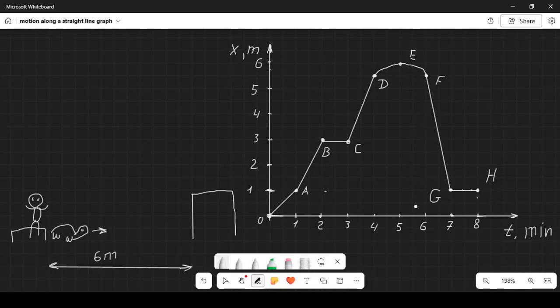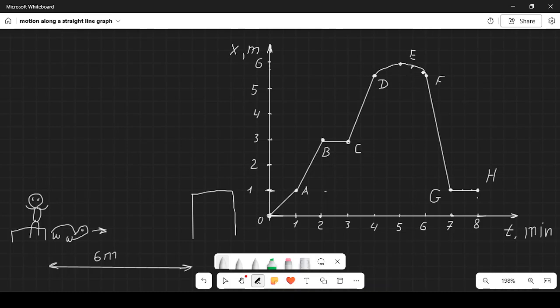But let's say at the point of time 5.5 minutes, here we can see that the distance between the turtle and the bench is less than the distance between the turtle and the bench at this point of time at 5 minutes. So during this half minute, our turtle is already moving back to the bench.